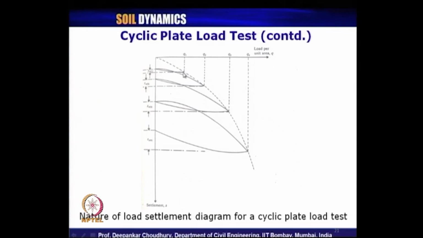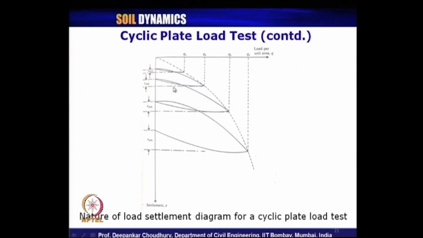So, from here you draw a parallel line intersecting the settlement axis and this value you know. The difference between them is nothing but the elastic settlement component for the applied load of Q1. Similarly, in the next cycle, when you are applying load Q2, the total settlement is this much up to this.